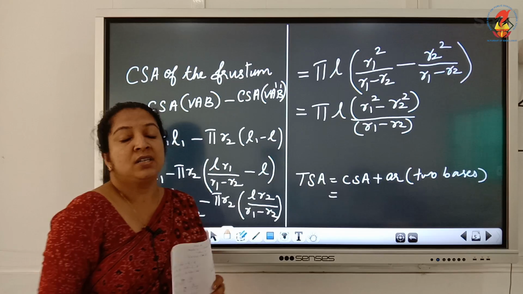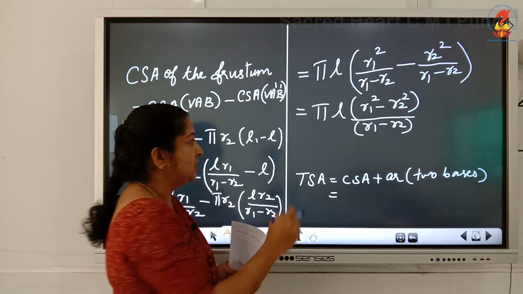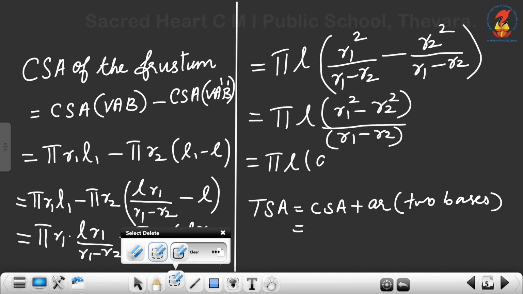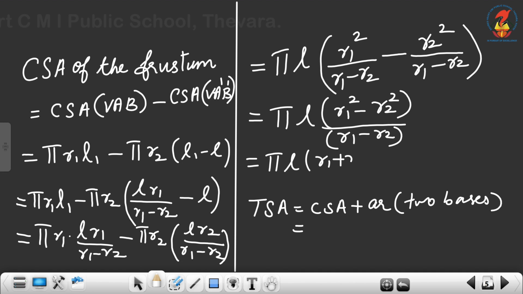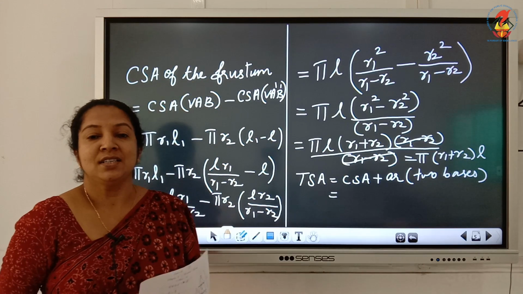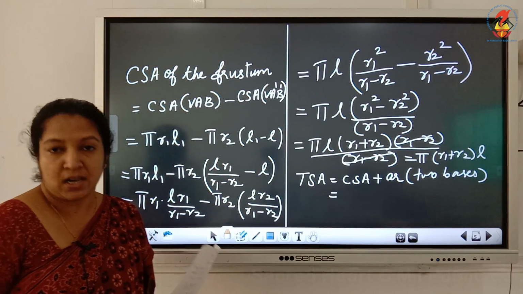The numerator is of the form a square minus b square, so we can write it as a plus b into a minus b, which gives pi L into R1 plus R2 into R1 minus R2 divided by R1 minus R2. These two will be cancelled, and remaining we get pi into R1 plus R2 into L. That is the CSA of the frustum of the cone.